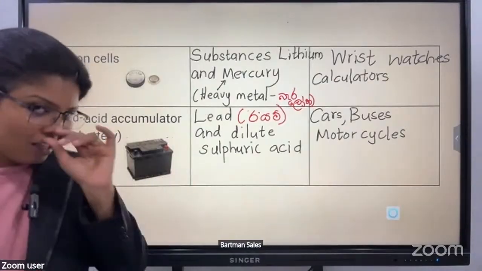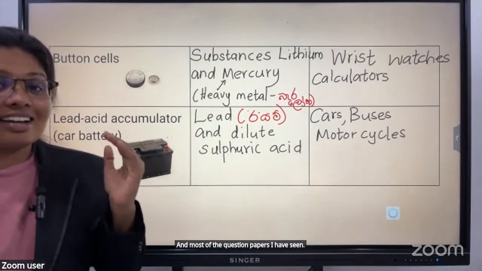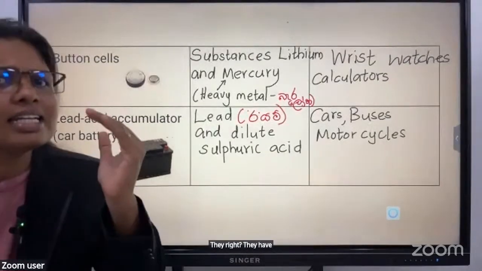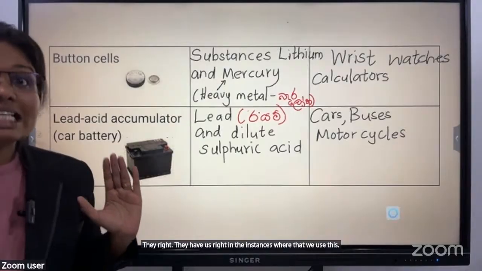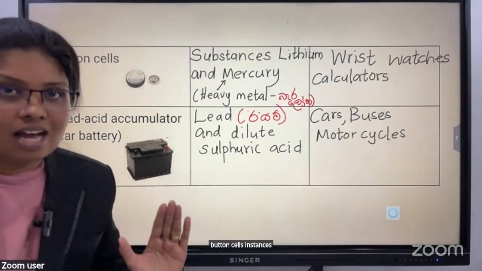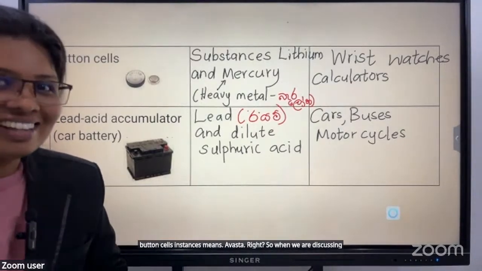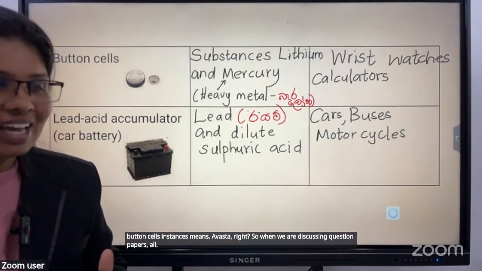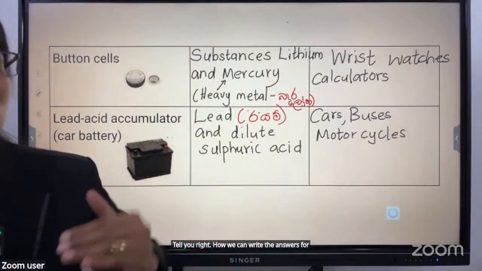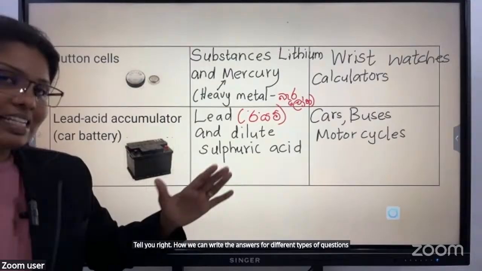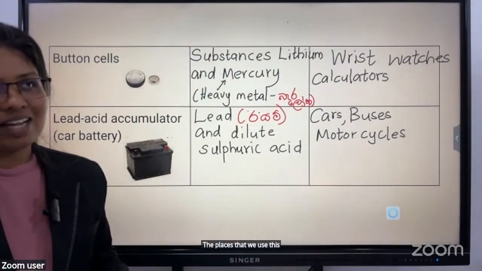Instances කියන්නේ, and in most of the question papers I have seen, they have asked to write the instances where we use these button cells. Instances means අවස්ථා, right? So when we are discussing question papers, I'll tell you how we can write the answers for different types of questions. Okay, right? Instances, the places where we use these button cells, right?